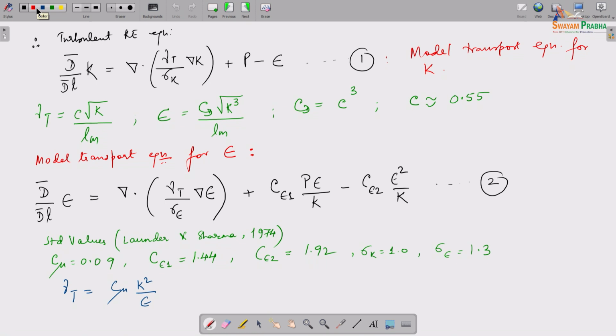Okay, let me, okay. So, we have essentially this equation, right.